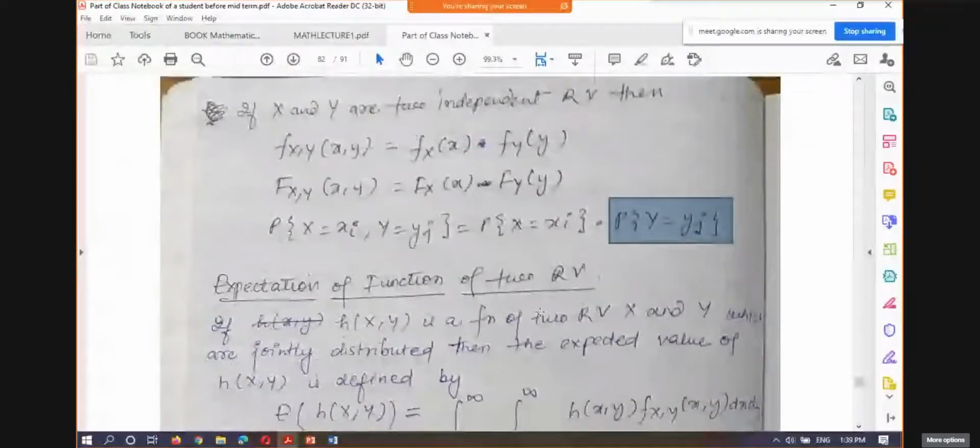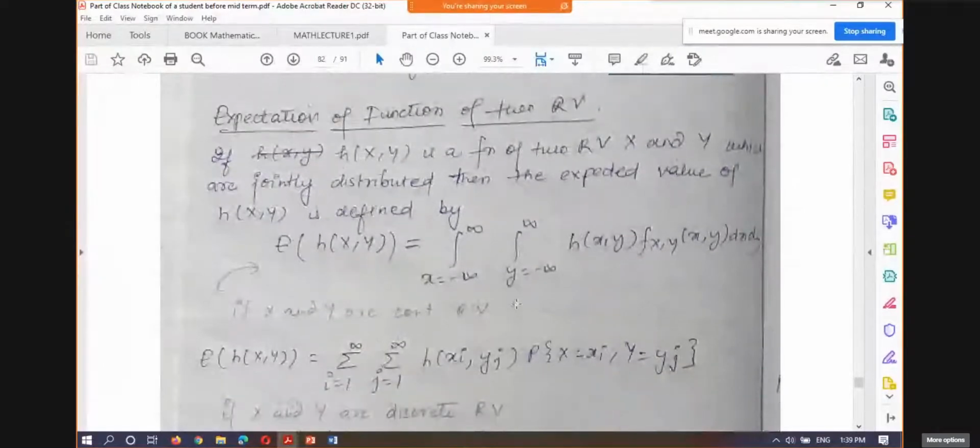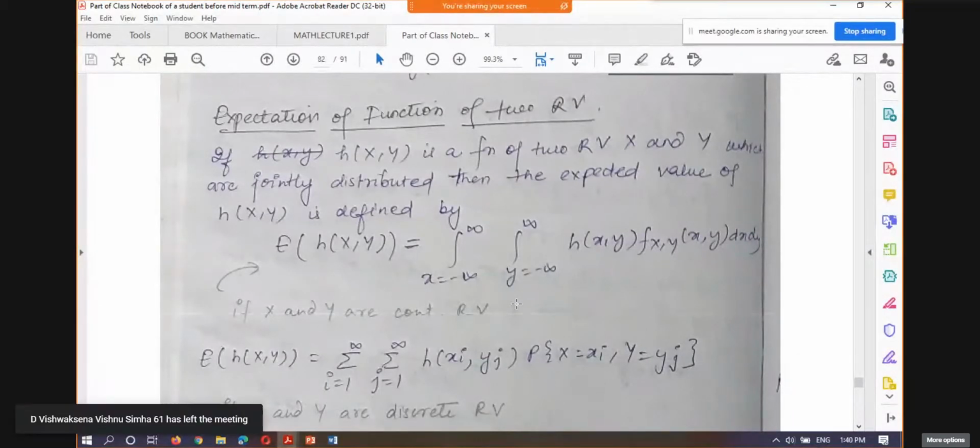Now we calculate the expectation of a function of two random variables. Earlier, with x a random variable, we calculated the expectation of g(x). If x is continuous, it is g of small x times the density function of capital X, integrated over the domain minus infinity to plus infinity.